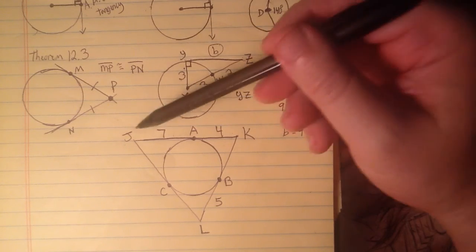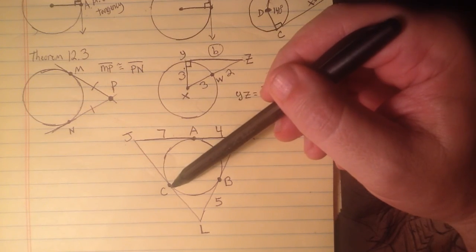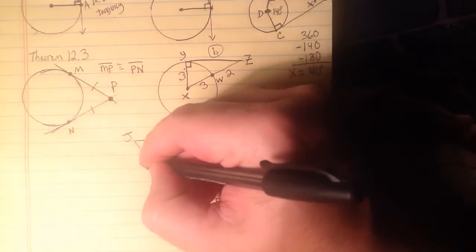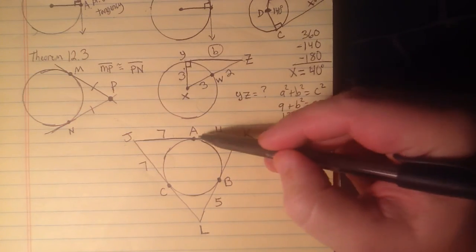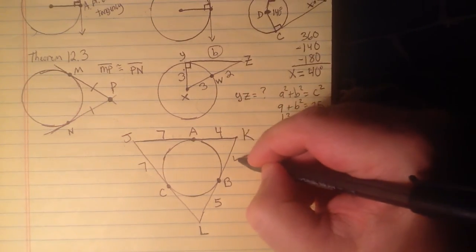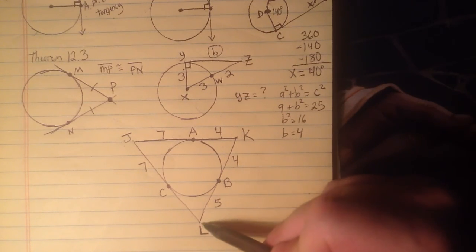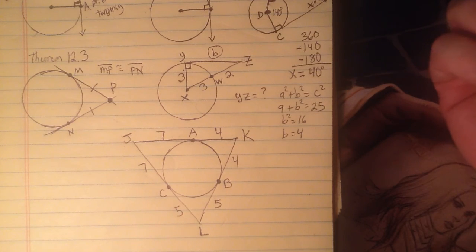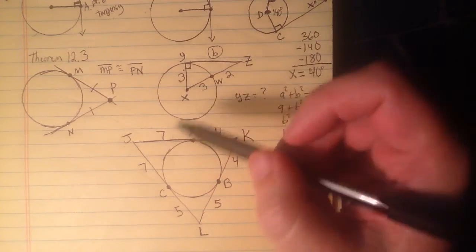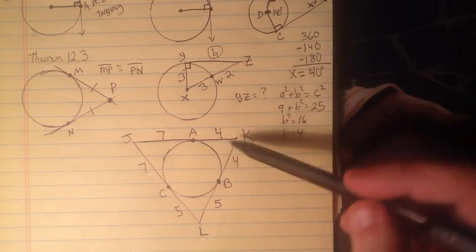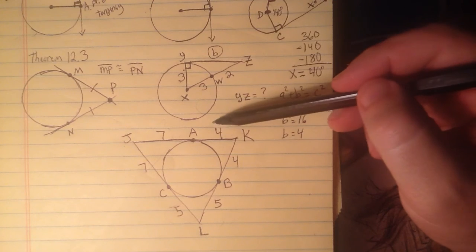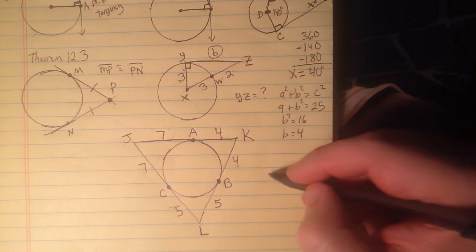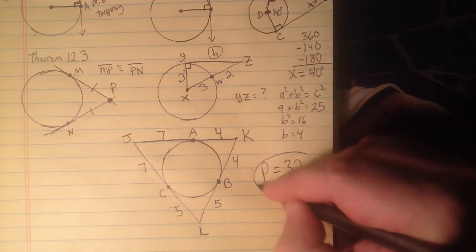Since JA and JC are tangents that come together at J, the distance has to be the same. So if that's 7, this better be 7. The distance from K to A is 4, so from K to B will also be 4. The distance from L to B is 5, so from L to C will also be 5. Now all you got to do is add them all together. We got basically 14 plus 10 is 24 plus another 8 is 32. Any questions on that? So the perimeter is 32.